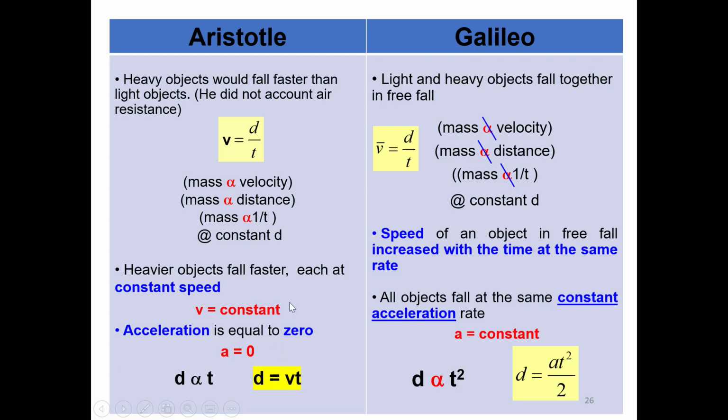If the velocity is constant, we can describe the motion of that object using this equation. But if the object is moving at constant acceleration, then we can better describe the motion of the object using this equation.